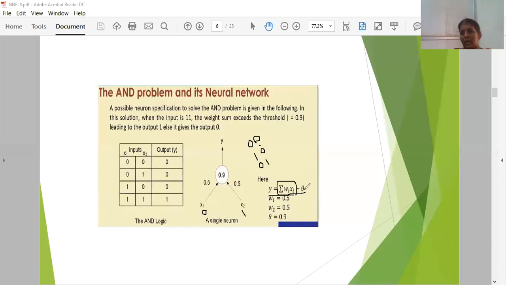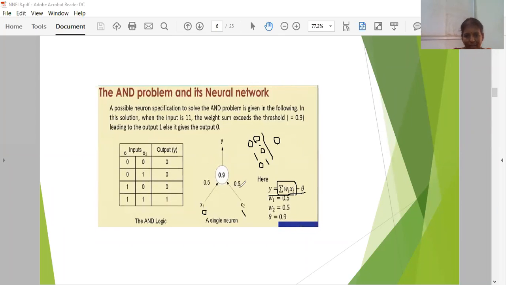We have already seen that only when the sum is greater than the threshold value, your output will be 1. The condition is that when the weighted sum exceeds the threshold value, the output is 1, else it is 0. So in all these three cases your output will be 0 because the weighted sum is less than the threshold value.